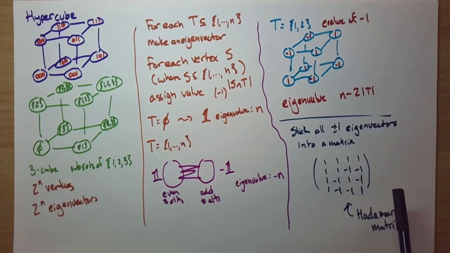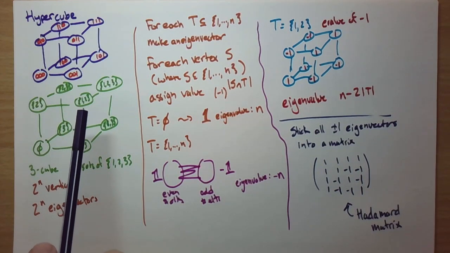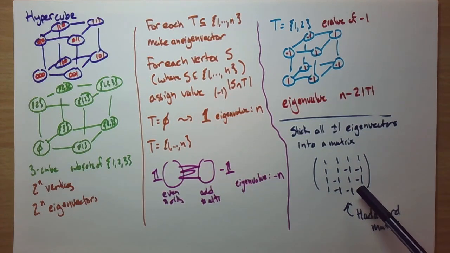Are there others? Well, yes. Because, for example, the cube only happens to exist when you're a power of 2. But Hadamard matrices are believed, this is a conjecture, the big conjecture in Hadamard matrix theory, to exist for any multiple of 4.